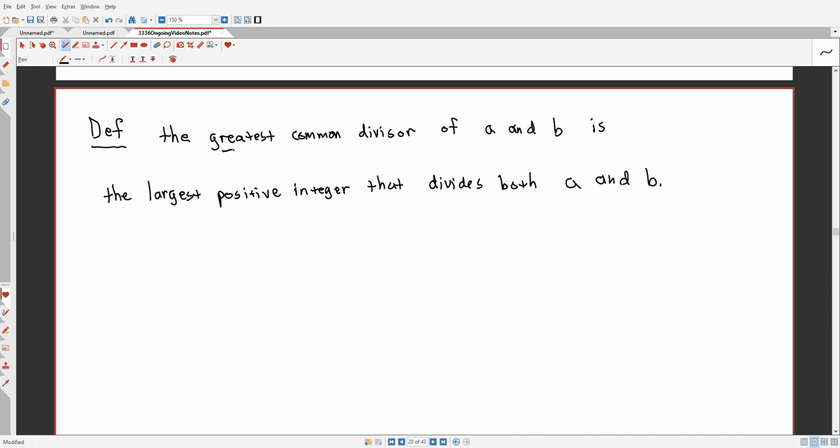So that's what the greatest common divisor of two integers is.